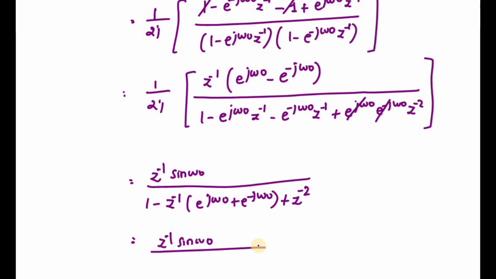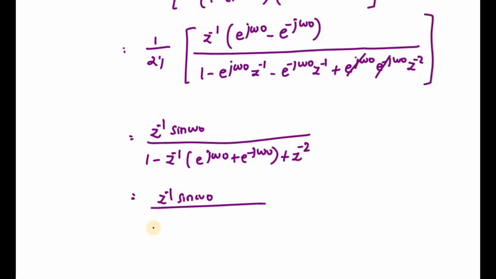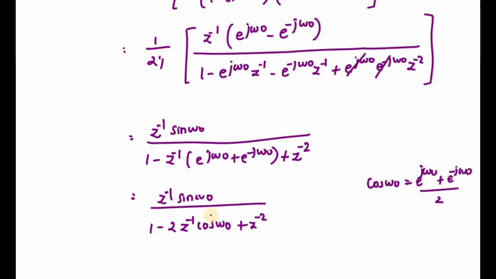What is cos omega naught? It is e power j omega naught plus e power minus j omega naught divided by 2. So we'll get 1 minus 2 z power minus 1 cos omega naught plus z power minus 2. So I hope this video is useful for you, and the region of convergence is mod z greater than 1. Okay, thank you.